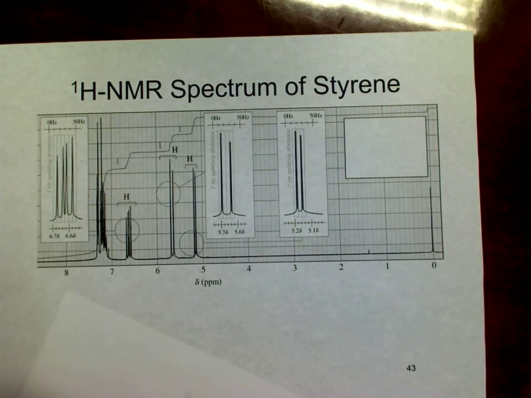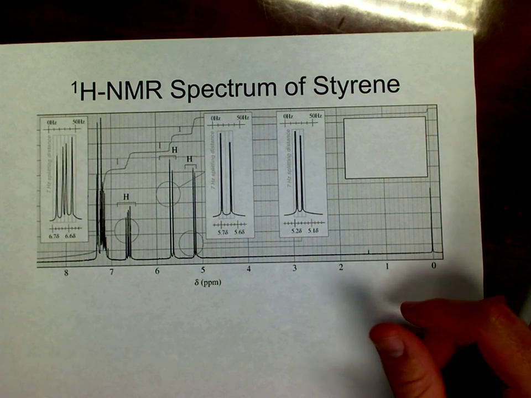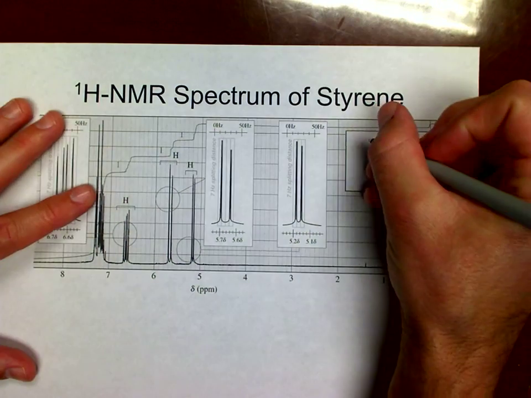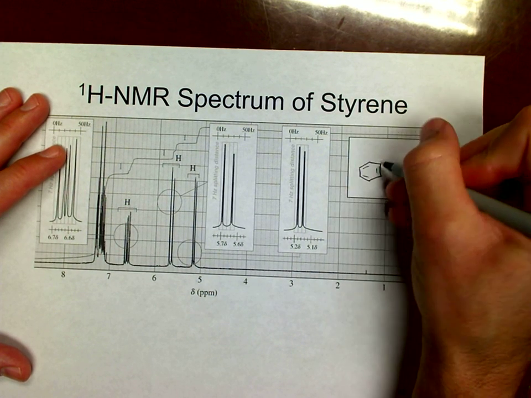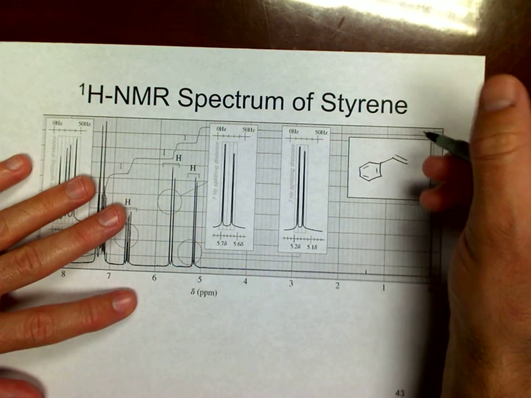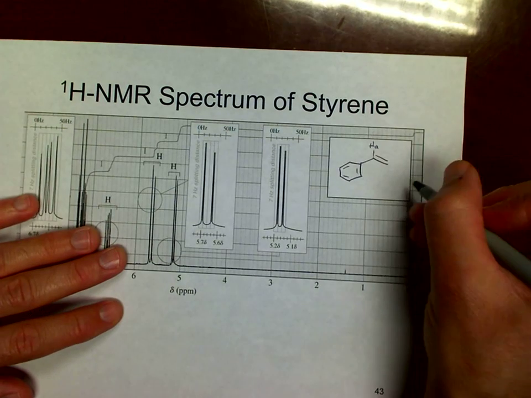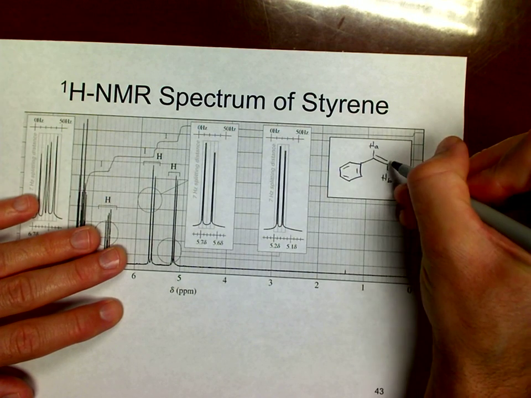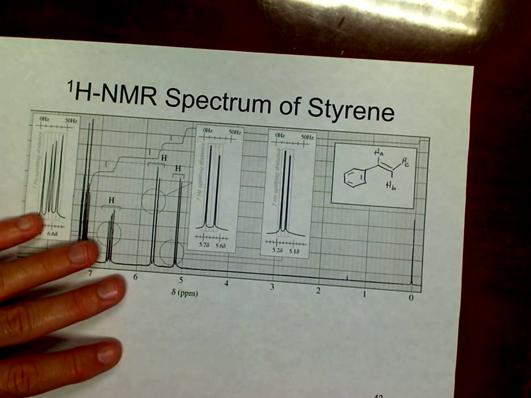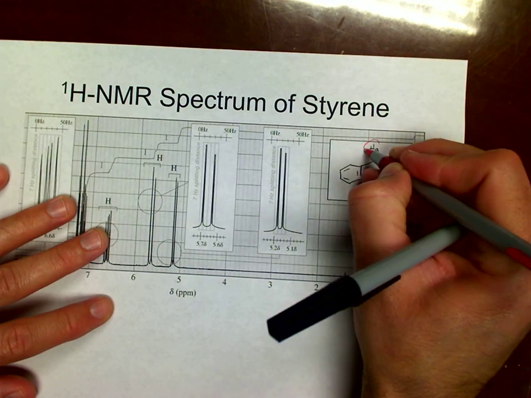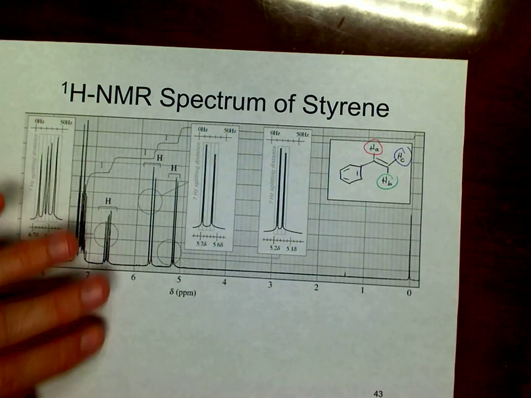Okay. So here is this NMR spectrum, the spectrum for styrene. Okay, so we'll call this HA, we'll call that HA, and we'll call this HB, and we'll call that HC. I'll just use colors. I'm making this up as we go.